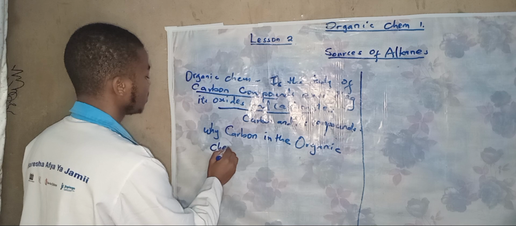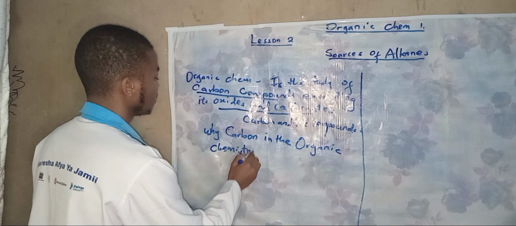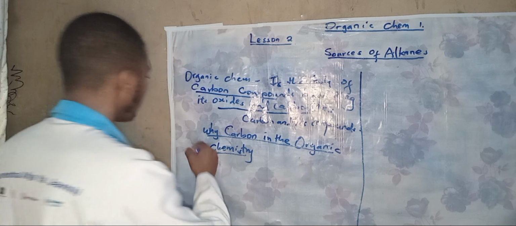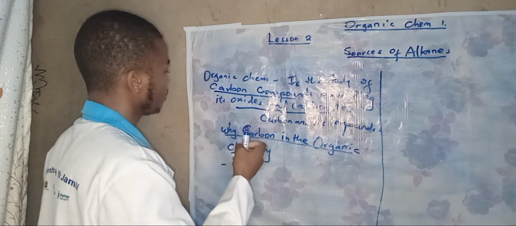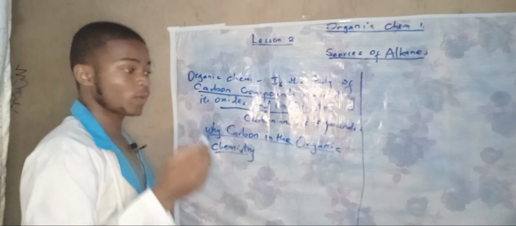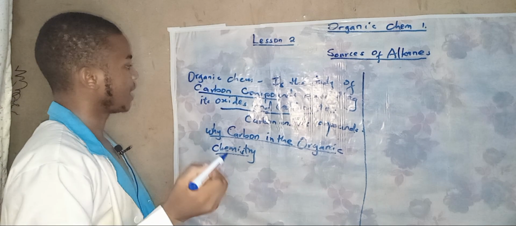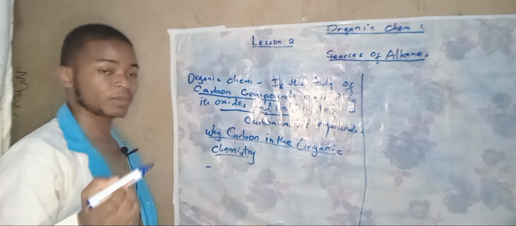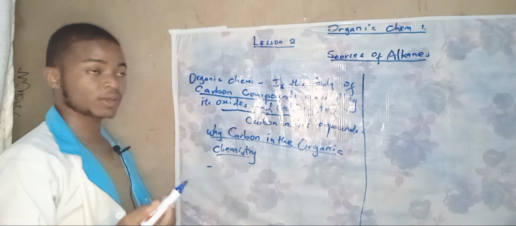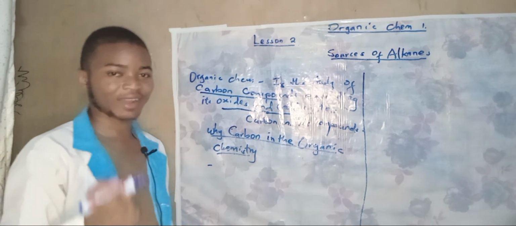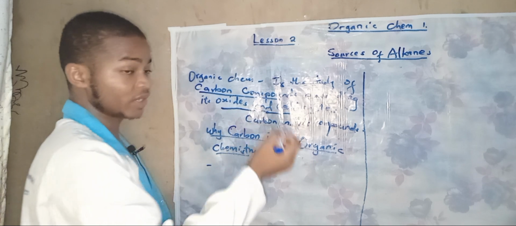Why carbon in the organic chemistry 1? Because it's a major element that is being taught under organic chemistry 1. Then we should ask ourselves that question: why carbon? So these are the reasons.